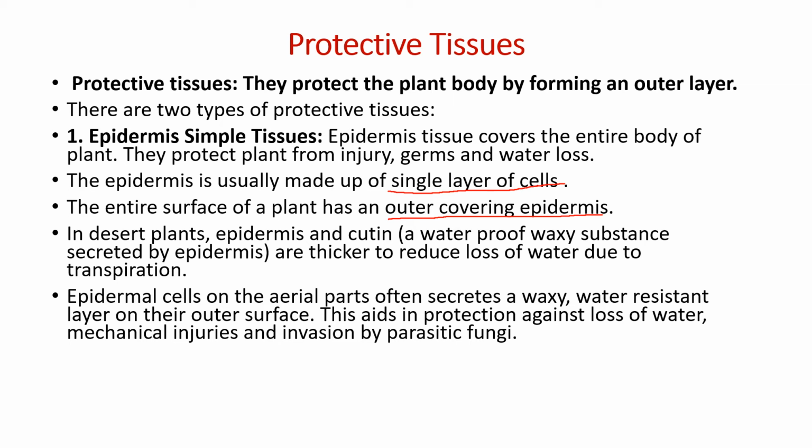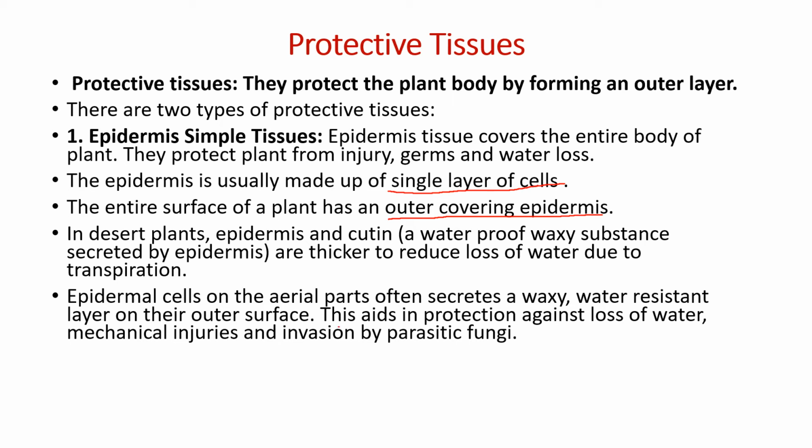and the extra water will spoil leaf, right? Then epidermis cells on the aerial parts often secrete a waxy water resistant layer on the outer surface. Then it aids in the protection of loss of water. It protects from mechanical injuries and invasion of parasitic fungi.